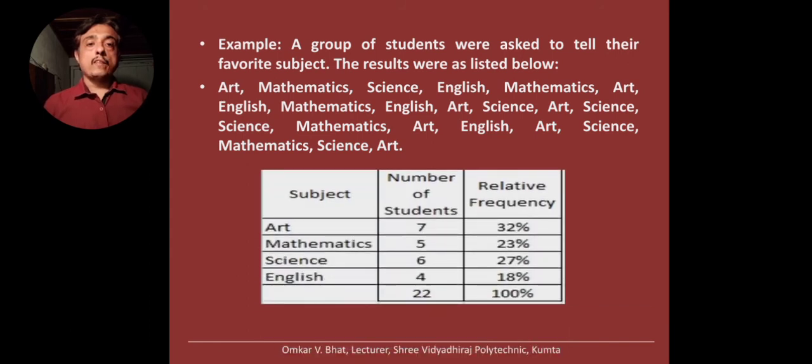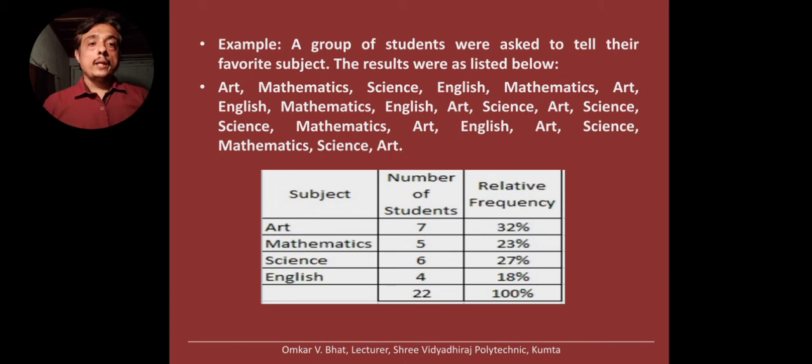You can see in the first column, subject, all the 4 subjects have been listed. Second column, number of students, it is nothing but frequency. And third column is relative frequency. So here I have omitted tally marks column. Tally marks column ಅನ್ನು ನಾನು ಇಲ್ಲಿ ಇನ್ಕ್ಲೂಡ್ ಮಾಡಿಲ್ಲ, ಅದನ್ನು ಕೂಡ ಇನ್ಕ್ಲೂಡ್ ಮಾಡಬಹುದು.